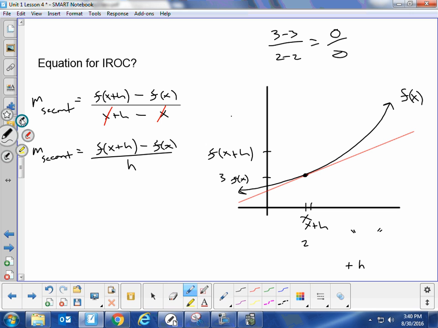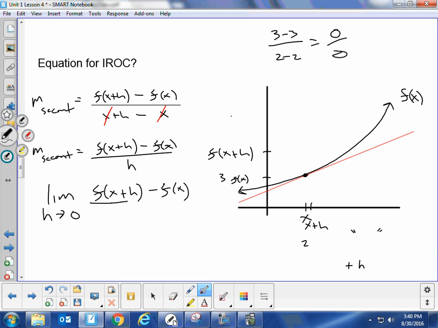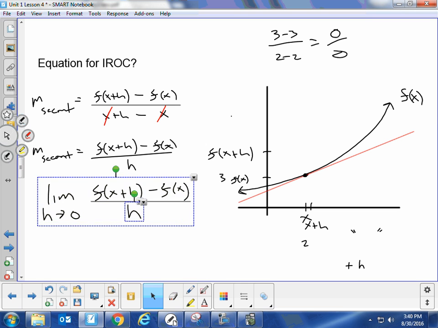Guess what I can do? Take the limit as h approaches 0 of the formula that I had for the slope of a secant line, and all of a sudden, this is the formula for the slope of a tangent line.